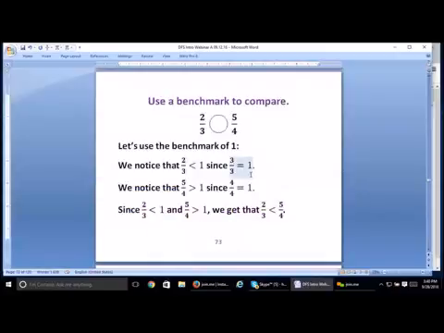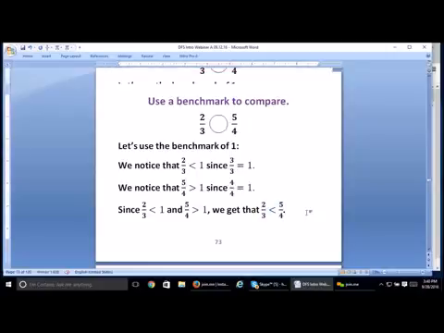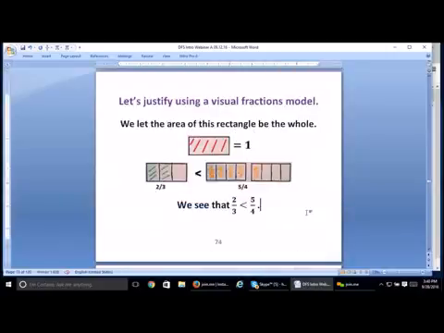So 2/3 is less than 1, since 3/3 is equal to 1. 5/4 is greater than 1, since 4/4 is equal to 1. Since 2/3 is less than 1, and 5/4 is greater than 1, we get that 2/3 is less than 5/4. And we can also justify that visually. If this is a whole, notice that 2/3 is much smaller than 5/4.